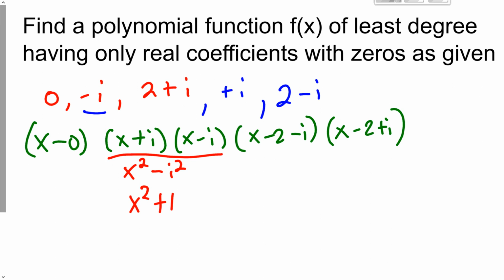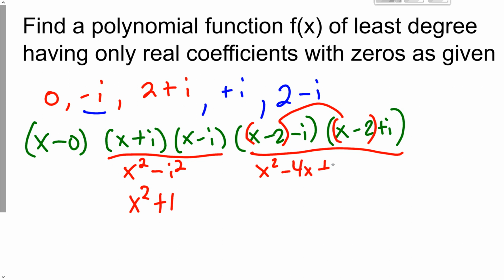On these conjugates, these ones are a little bit more difficult. This would be our first term, x minus 2, and then the negative i and plus i would be the second term. So we take first times first, and we have to FOIL that out. So we get x squared minus 4x plus 4.